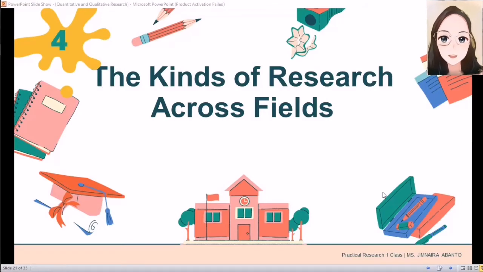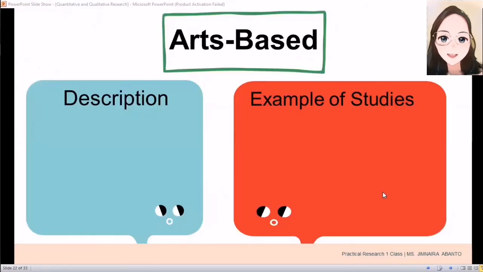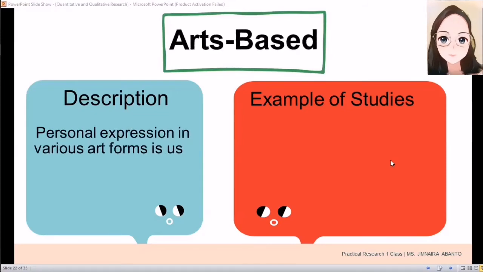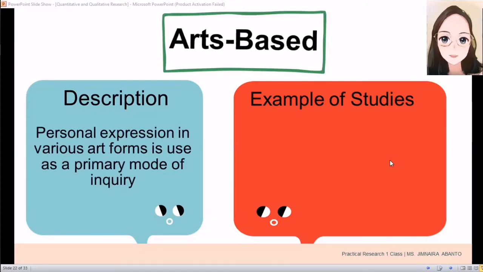Okay, number 1. Arts-based research. So arts-based research is defined as the use of personal expression in various art forms as a primary mode of inquiry.